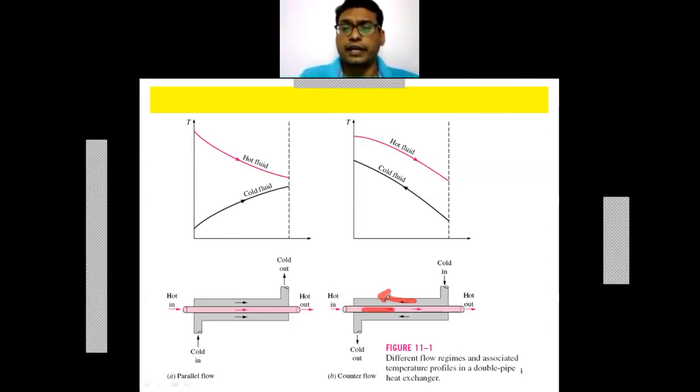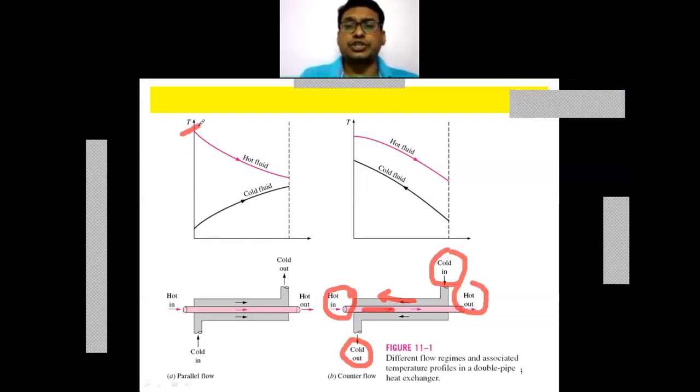So hot in and cold out are on one side, and hot out and cold in are on another side. For that, I am going to plot a temperature profile diagram.